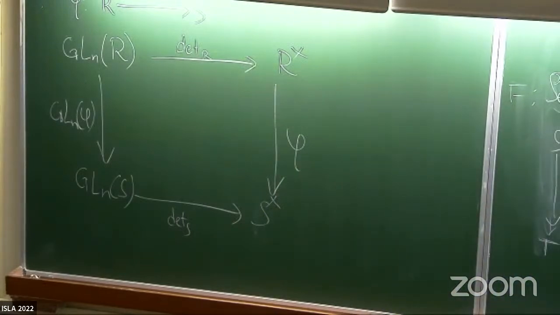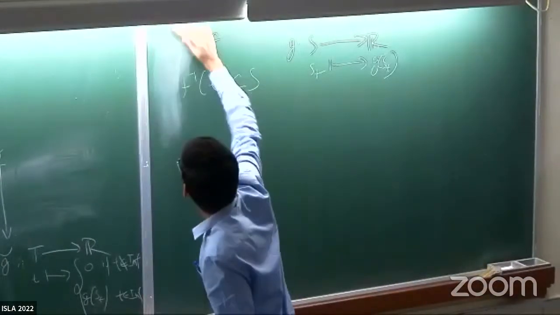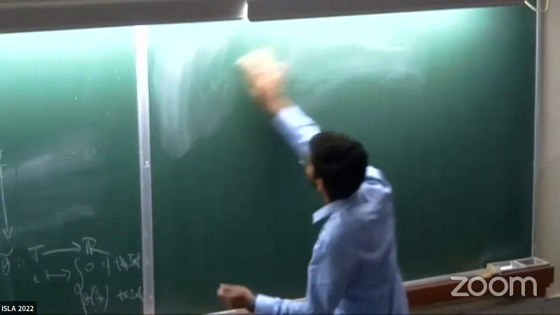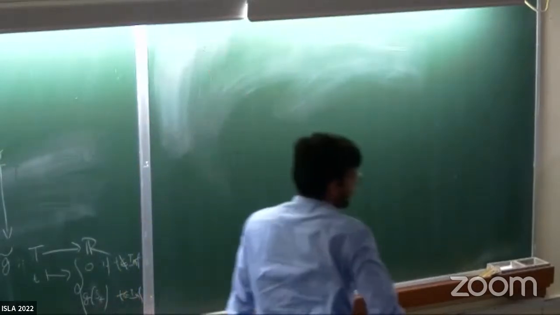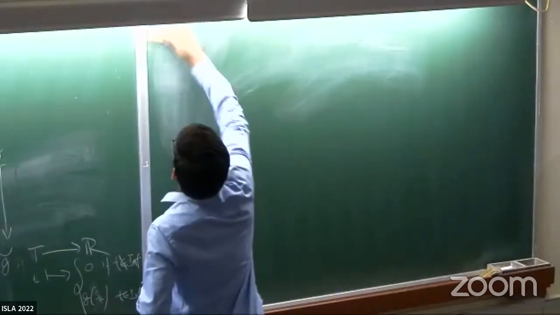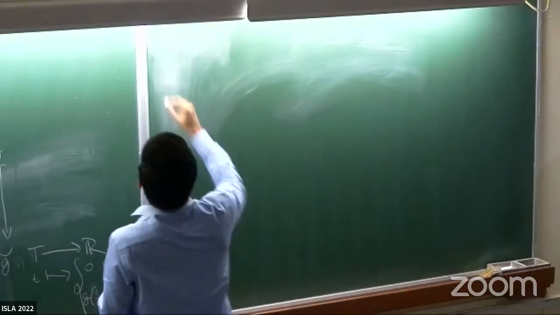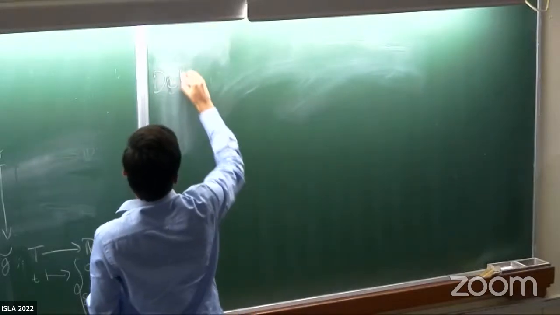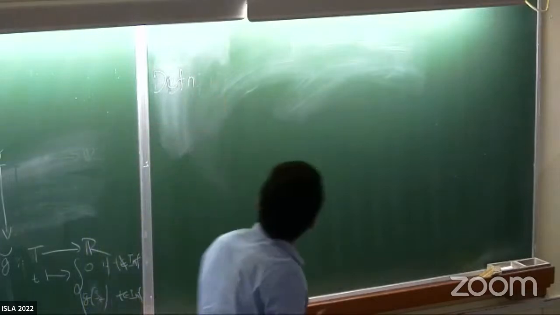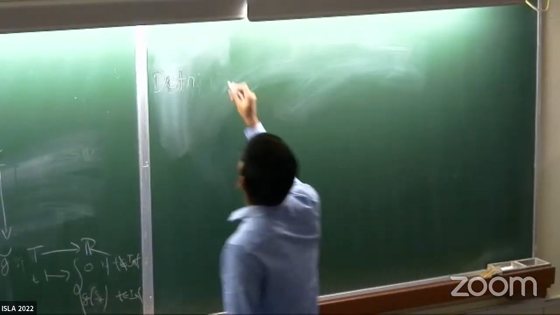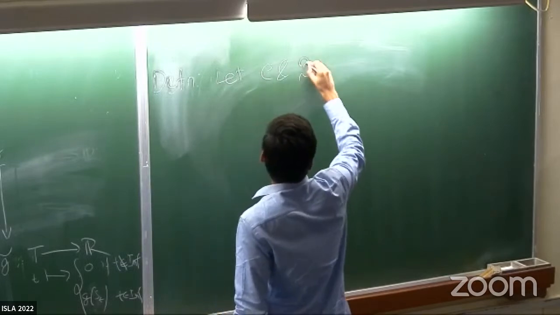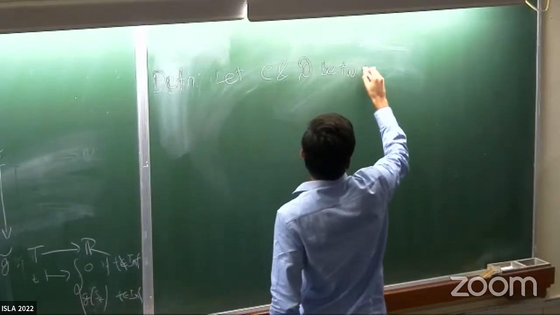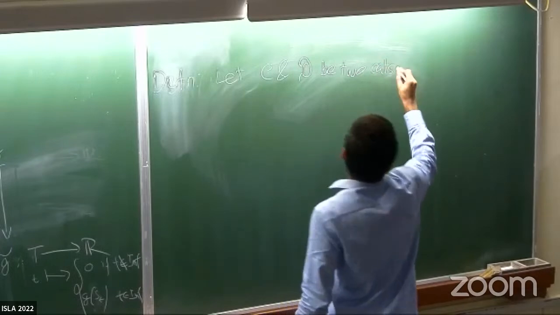Now we say that this makes determinant a very good example of a natural transformation. So let's give what is a natural transformation. Definition. Begin with two categories. Let C and D be two categories.